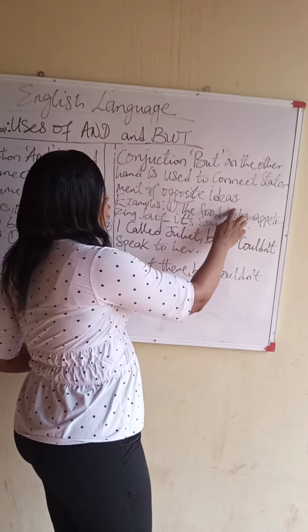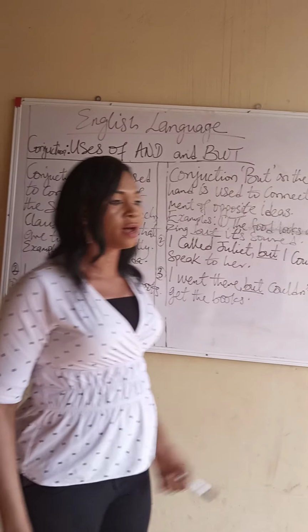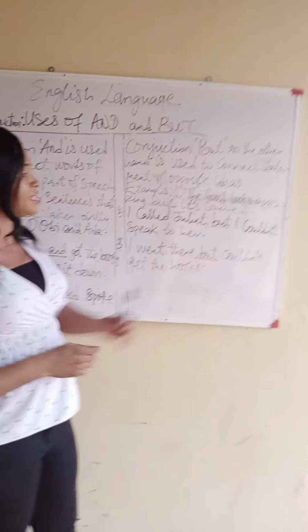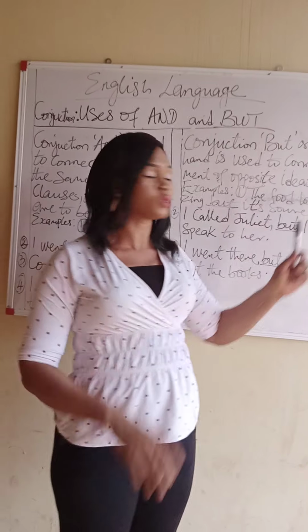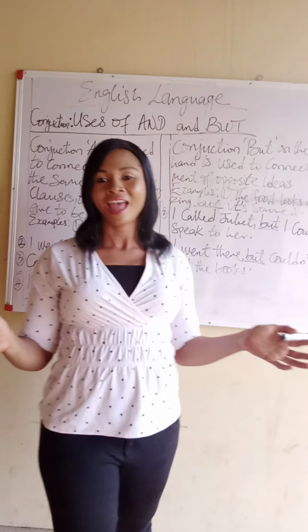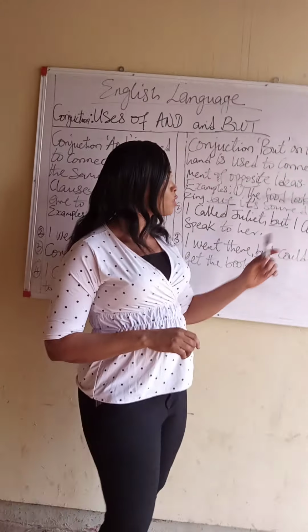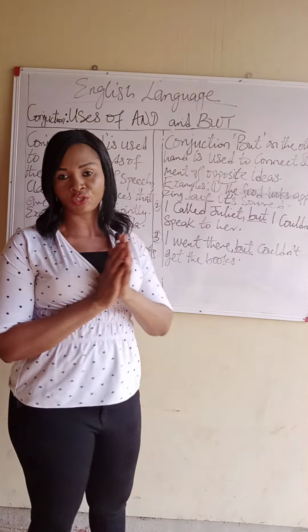When we look at it very well, you notice that appetizing is somewhat opposite to sad. Something that is appetizing is not supposed to be sad, and vice versa. So that is why we say whenever there are opposite ideas, we use "but" to join them together.